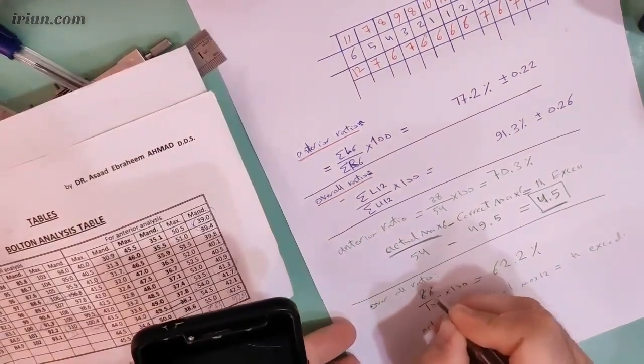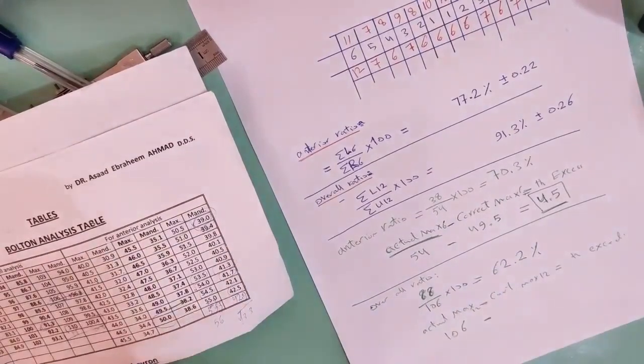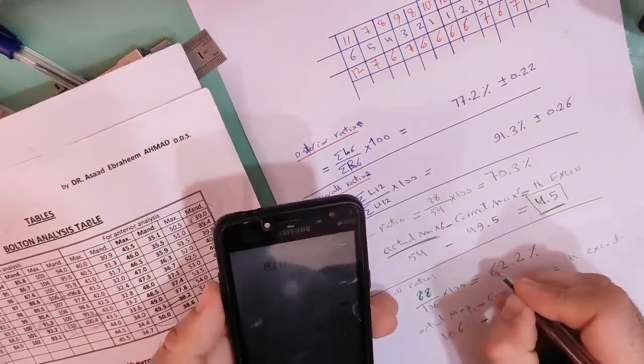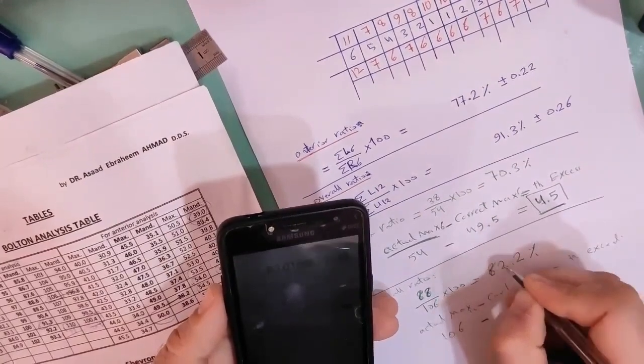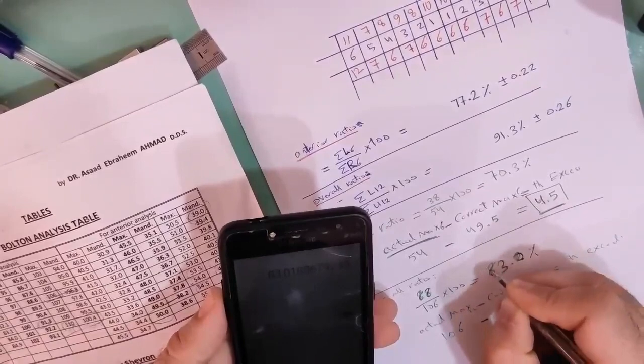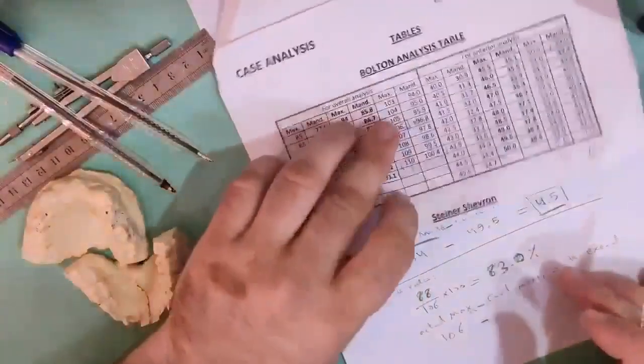It's 88 here. 88 over 106, multiplied by 100, is 83.